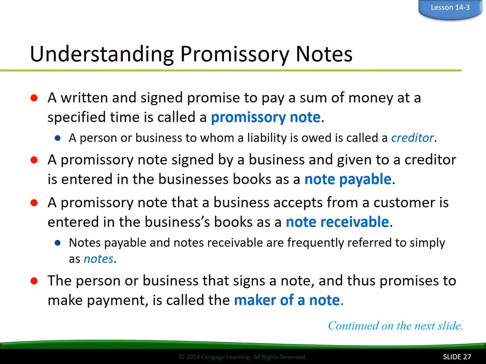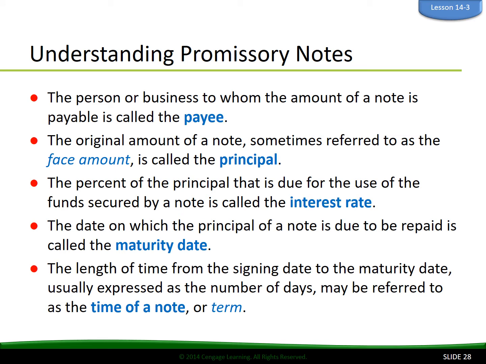The maker of a note is the person or business that signs a note and promises payment. A payee is the person or business to whom the amount of a note is payable. Principal is the original amount of a note, sometimes called the face amount.